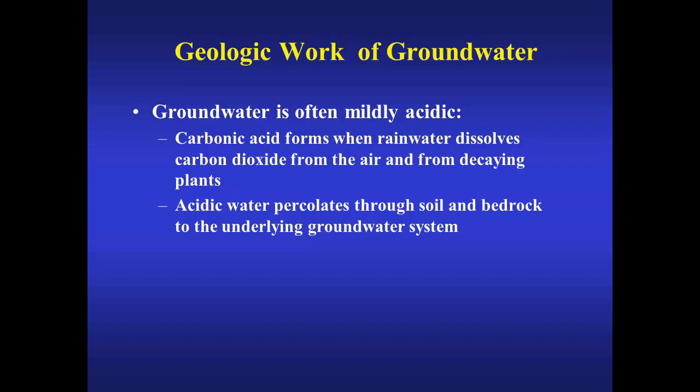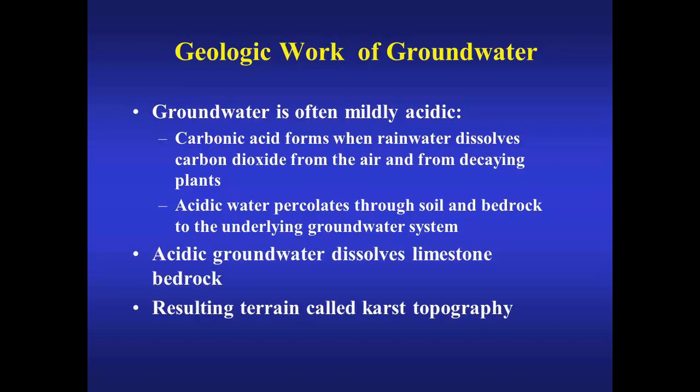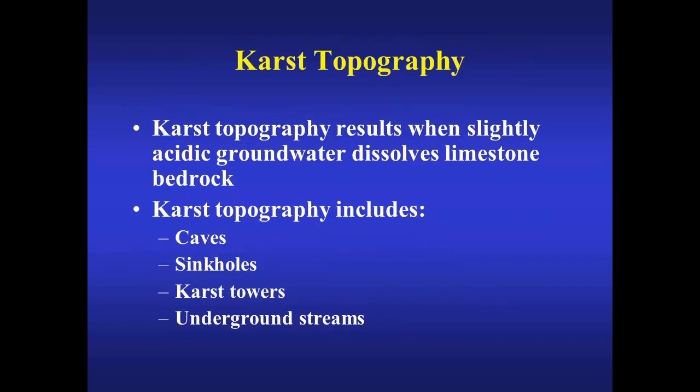The acidic water will then percolate through the soil and bedrock down to the underlying groundwater system. We all know that acidic water dissolves limestone, and so too acidic groundwater can slowly dissolve limestone bedrock, and over long periods of time eventually create what's called karst topography.